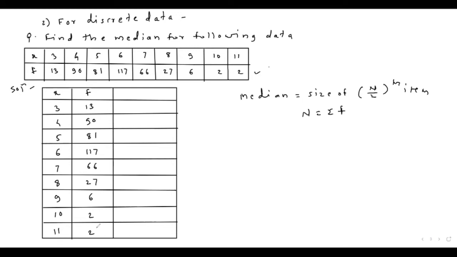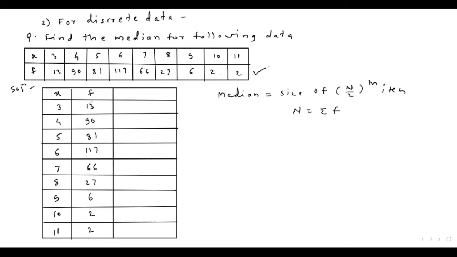I have one more value of x. So I need to sum up these values. So summation of this column, that is summation of frequency, is equal to 404. So capital N, that is summation of frequency, is 404 over here.